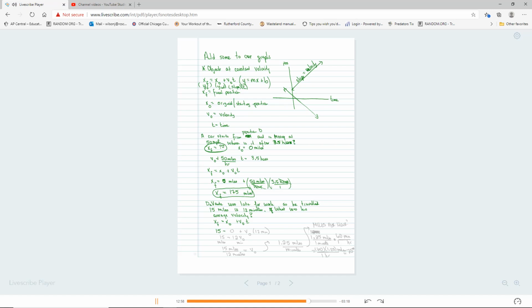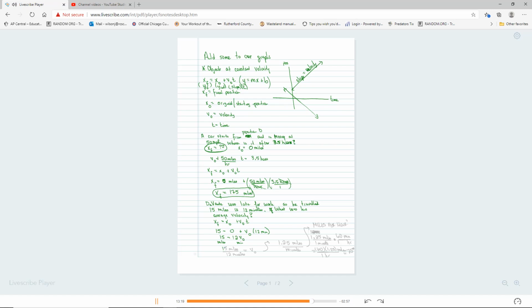So this will be 15 equals 0 plus velocity, which I don't know, and the time was 12 minutes. So 15 equals 12 V0, and this is miles, and this is minutes.